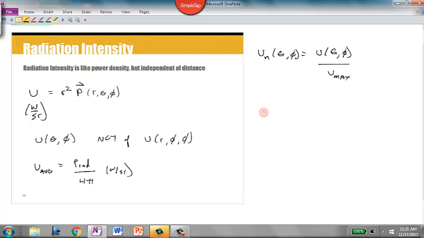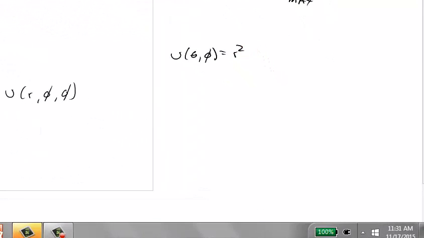And I just want to make a little mathematical note. So U of theta comma phi is equal to r squared times the power density function, which is a function of r, theta, phi. And as we just showed, Un of theta comma phi is just U of theta, phi divided by U max.